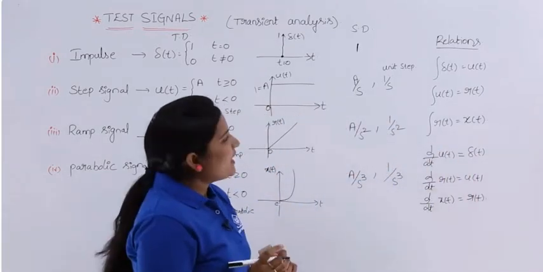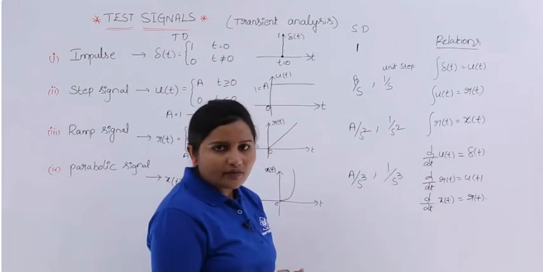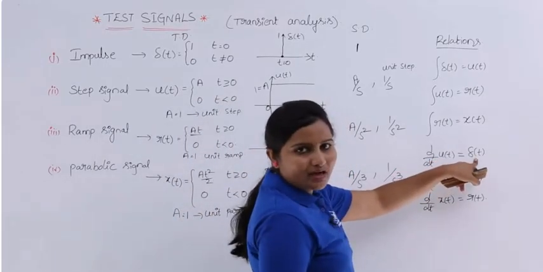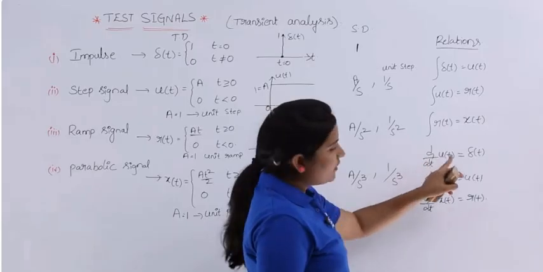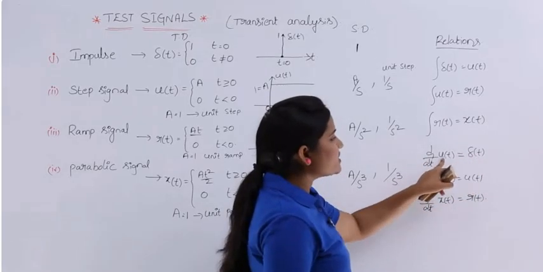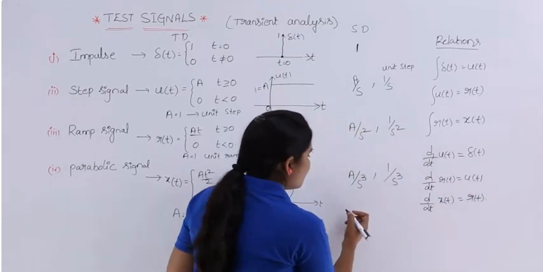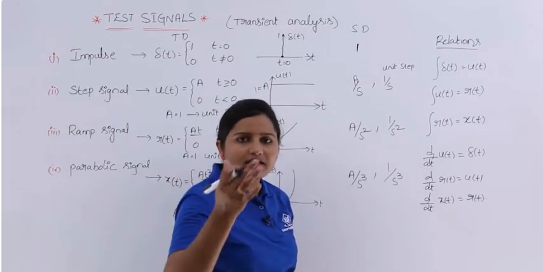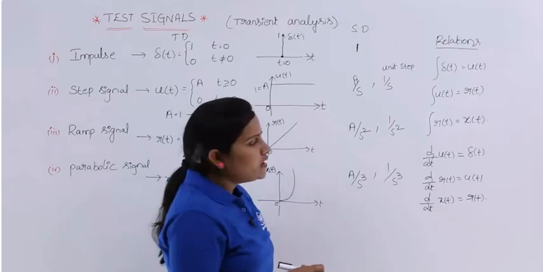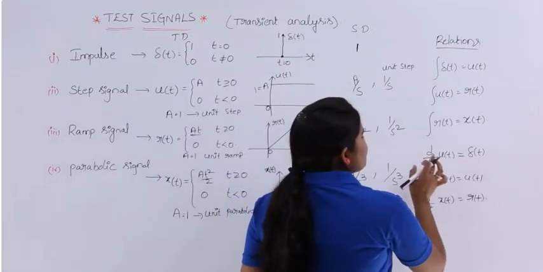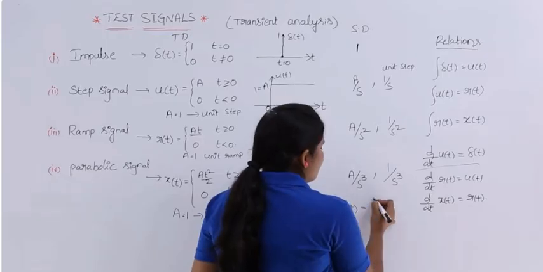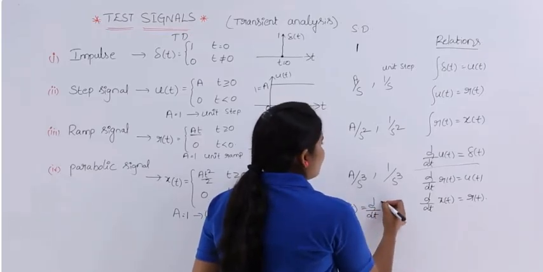If you want to write del of t in terms of r of t, you know that by these relations you can write any test signal in terms of any other test signal. So I want to write del of t in terms of r of t. I consider del of t equal to d by dt of u of t.